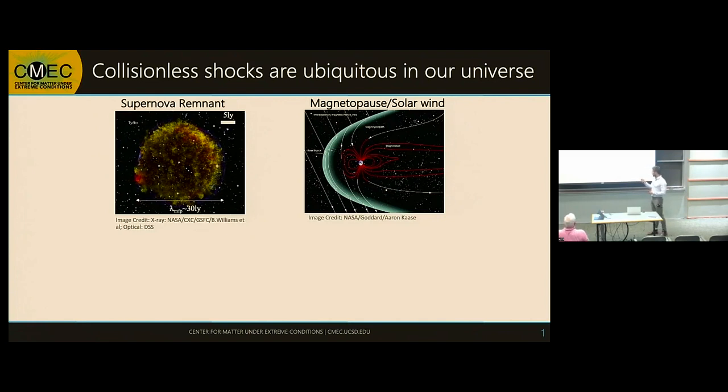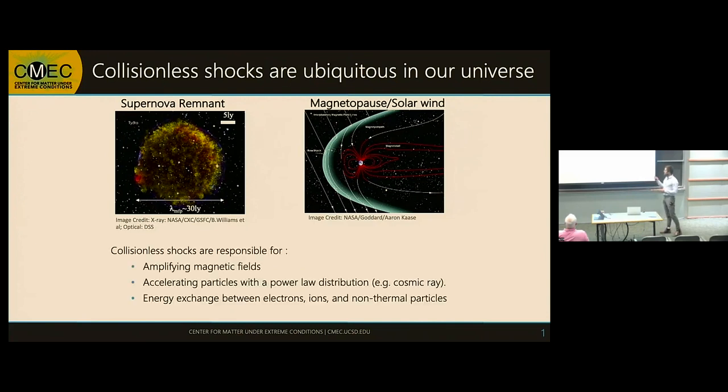What is interesting is that if you look at the particle mean free path, you will notice that it is larger than the system itself, typically as shown here. So basically, collisions cannot mediate the shock as in more conventional gas dynamic shocks. So we need other dissipation to mediate the formation of the shock.